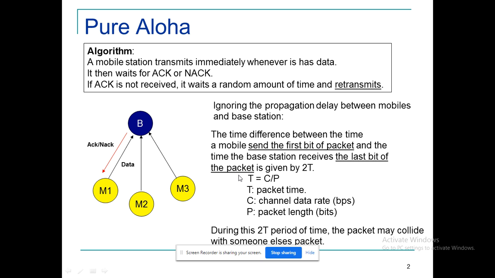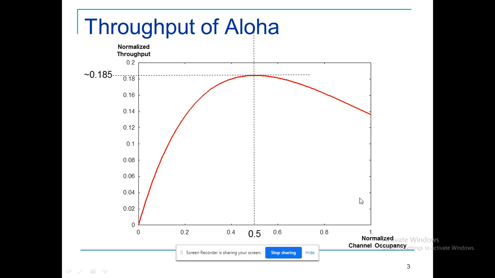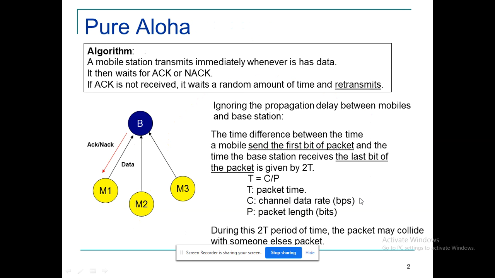How are they calculating the time difference between the two different data or two different packets? The formula is T equal to C by P. So data rate represents my C, packet length represents my bits. So during that time the packet may collide, right?